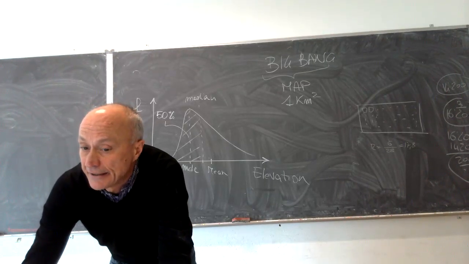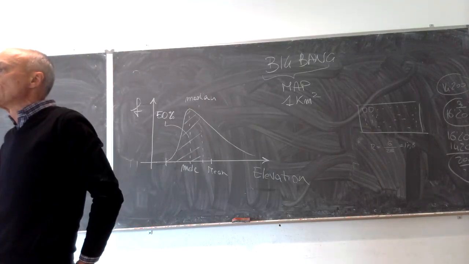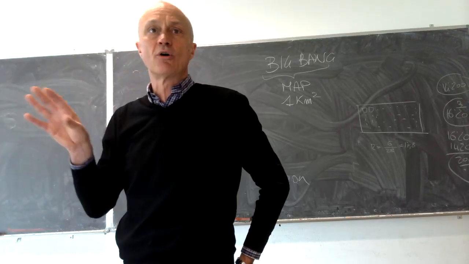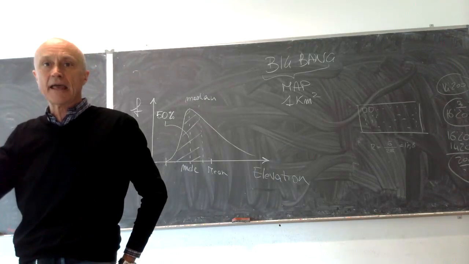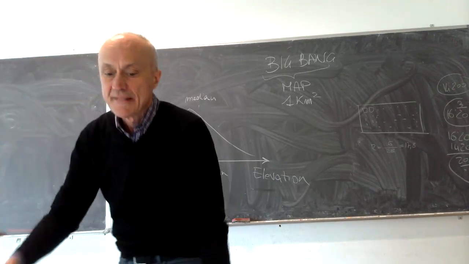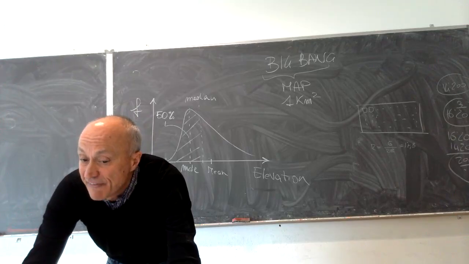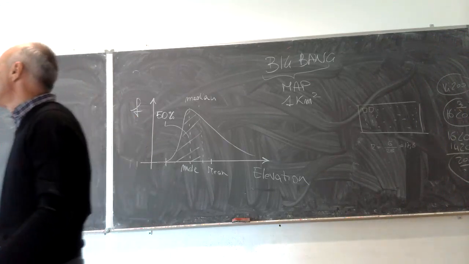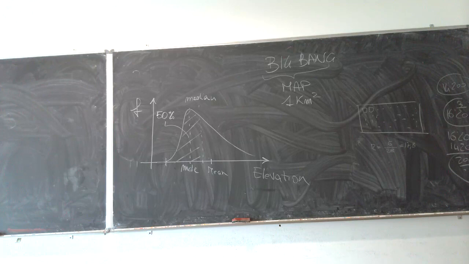Normally, it's common practice in this hemisphere to look at the year starting October 1st and ending September 30th. That's the hydrological year in the northern hemisphere as a convention. But we will look at the calendar year, from January 1st all the way to December 31st.